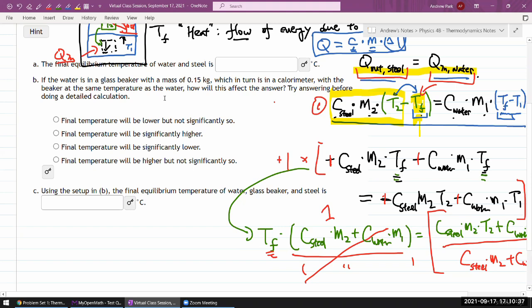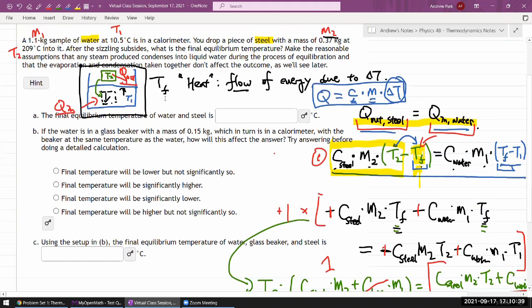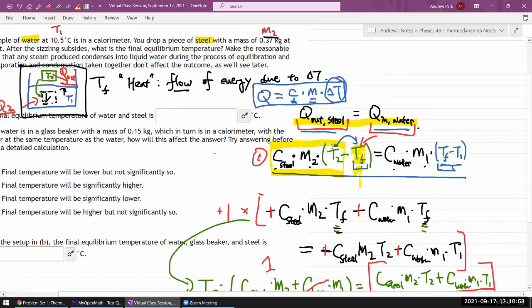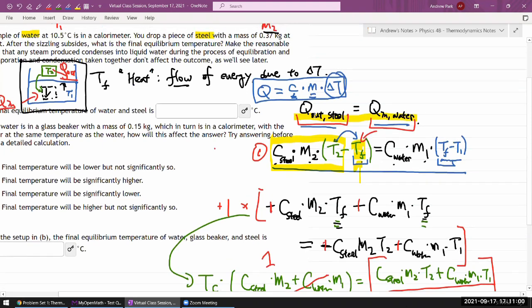For part A, part B makes this a little bit more complicated, and I think I know the answer. So the final temperature will be lower, but not significantly so. It's a matter of how you set up this equation as you're solving. Heat out of the steel goes into the water.